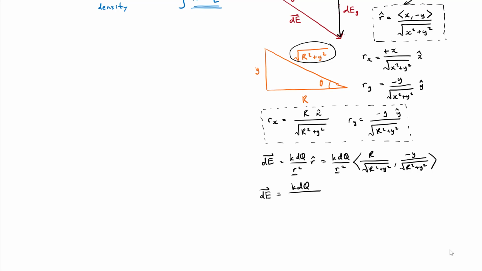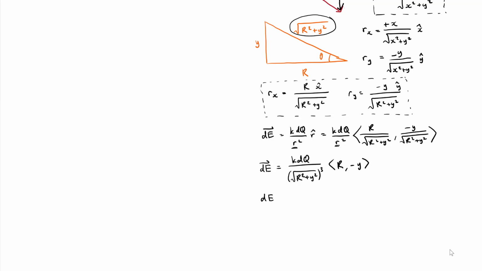So that means I have k dq over the square root of r squared plus y squared cubed. So I have this cubed in the direction of r negative y.